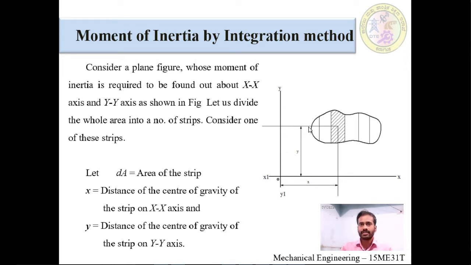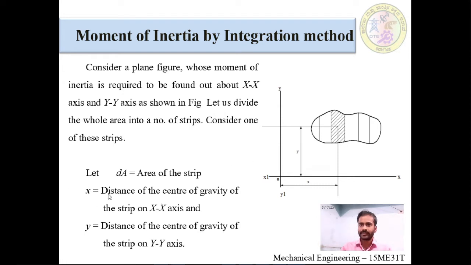So, let us divide this whole area into number of strips. So, we have divided this area into many number of strips. Now, let dA is the area of the strip. We have considered this small strip and the area of this strip is taken as dA.